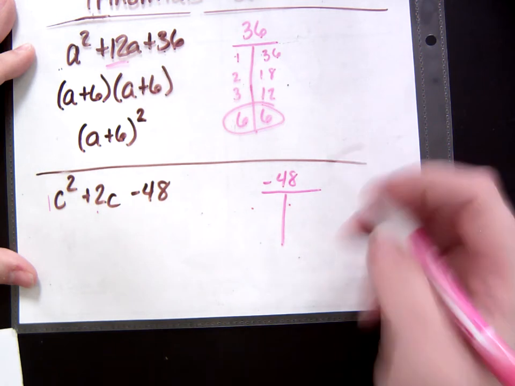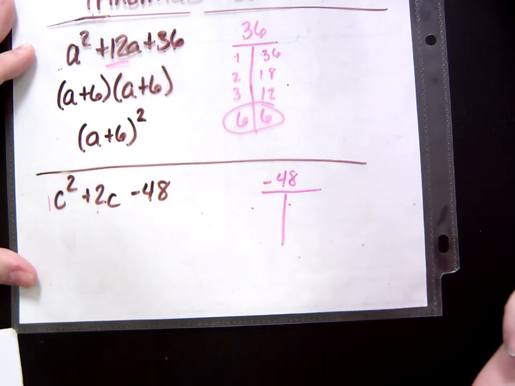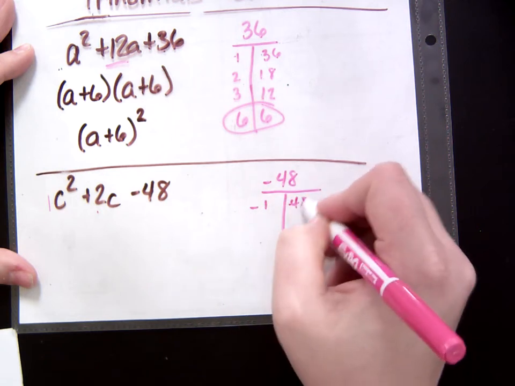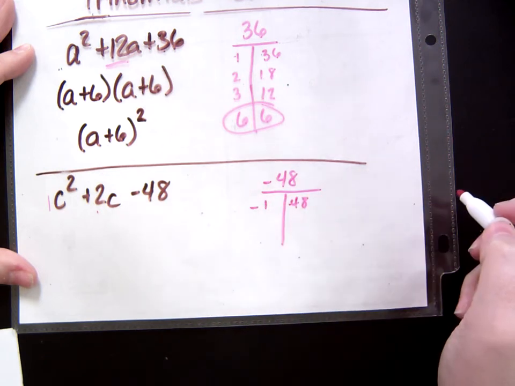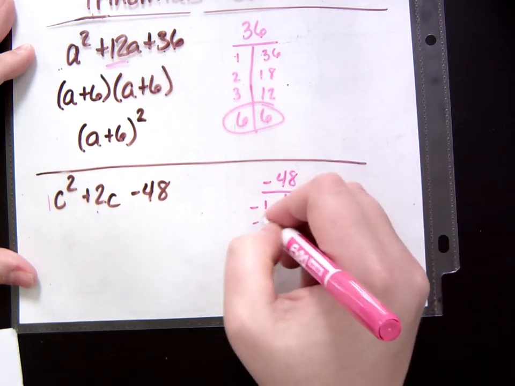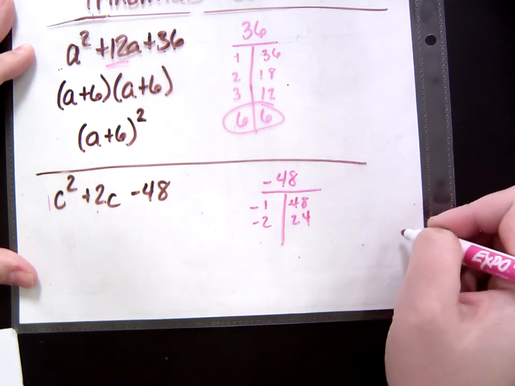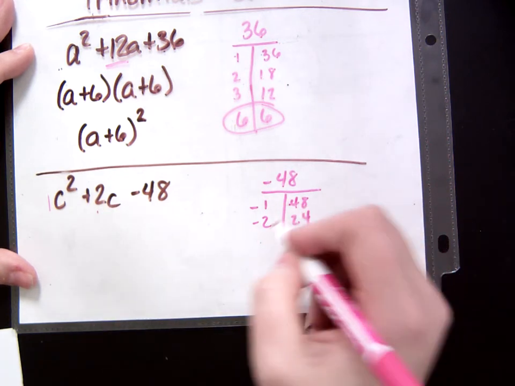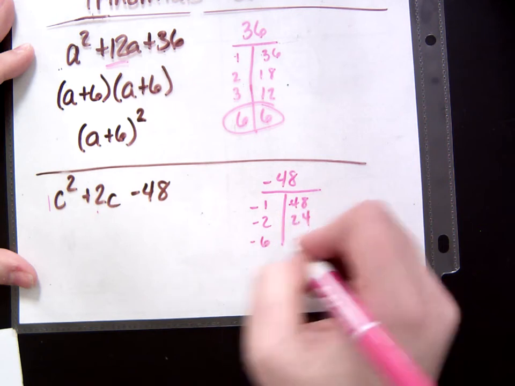So, for instance, negative 48. I could multiply negative 1 and positive 48, but that's not going to give me positive 2 when I add. It could be negative 2 and 24, but again, it does not add to 2. The ones that will add to 2 are negative 6 and positive 8.